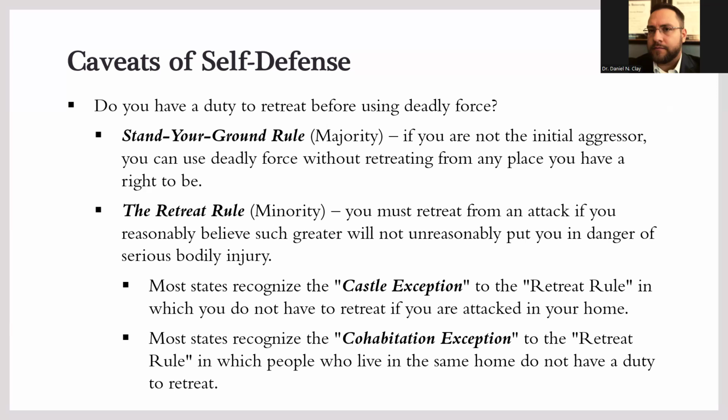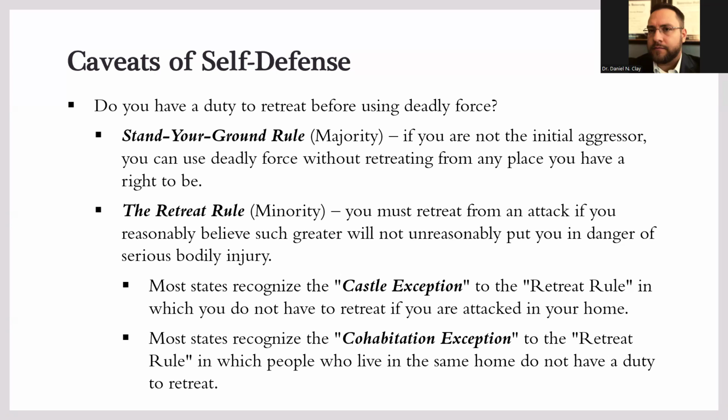In most states, you don't have to try to get out the back window or the back door before you can use deadly force. Now, some states you do have to, right? Some states you do have to. But most states say if somebody breaks into your house, you don't have to run away, because they're in your house. They're kind of accepting the consequences of their actions, and you can use deadly force pretty much straight away.